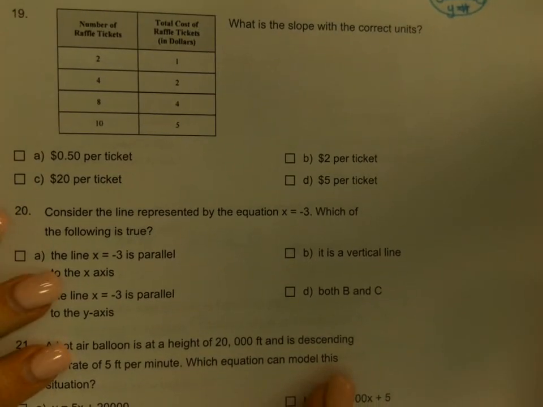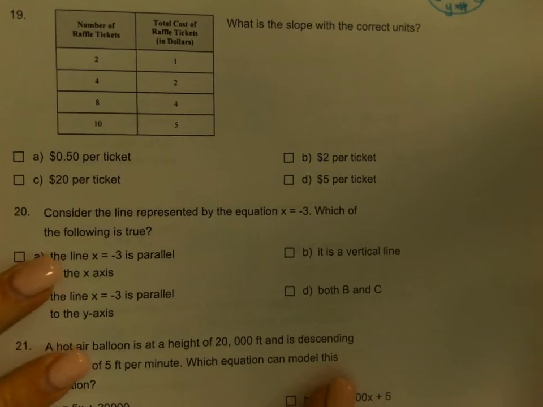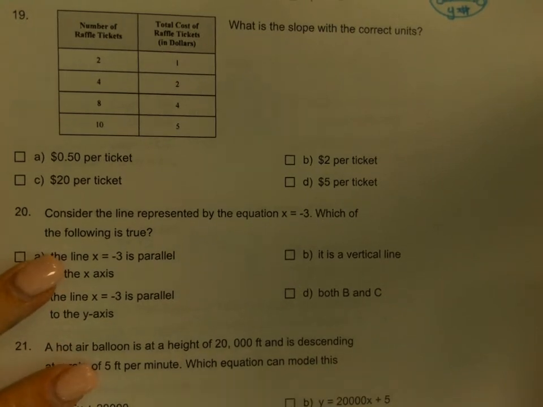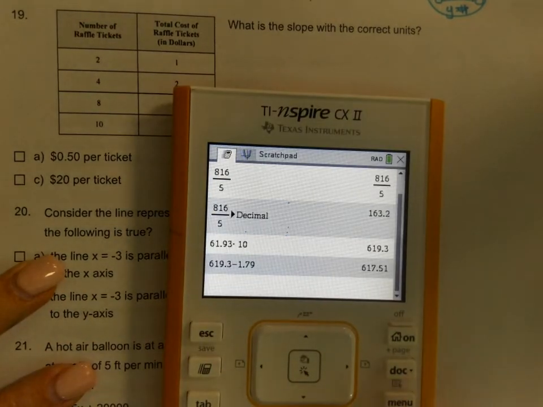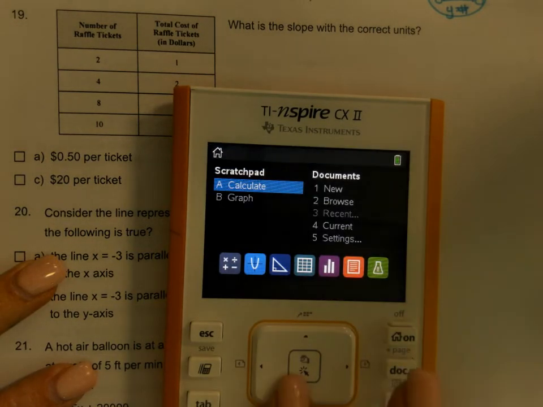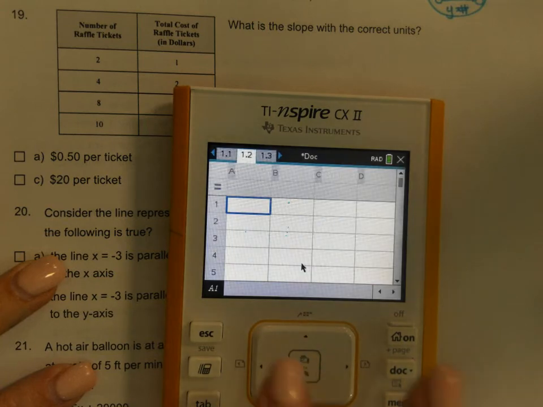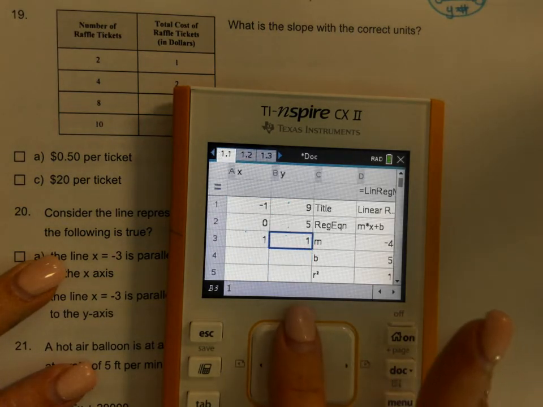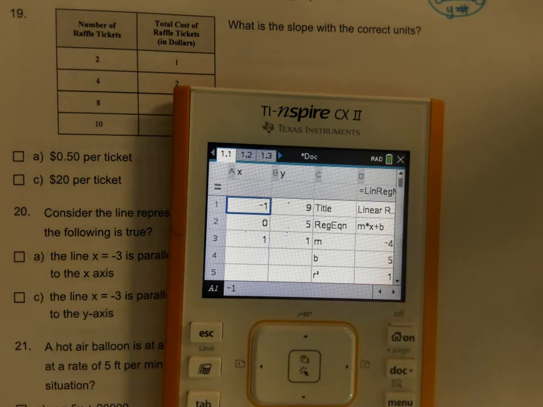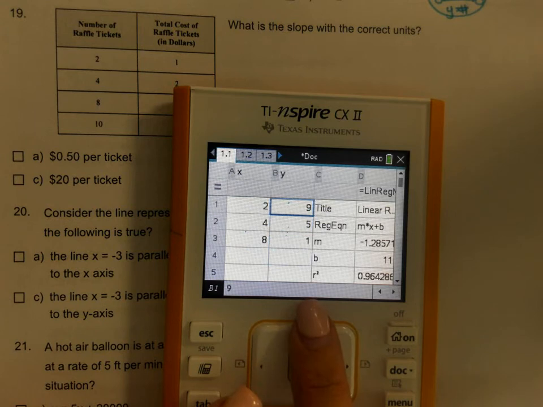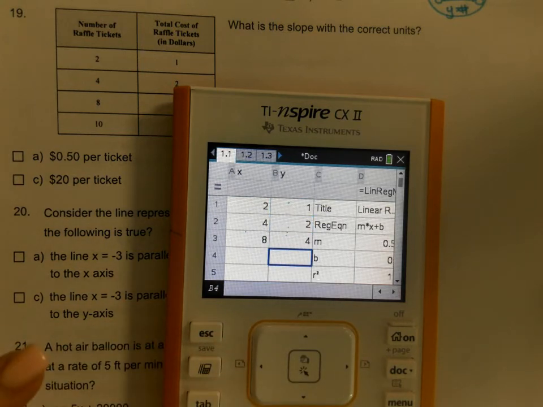What is the slope with the correct units? So really it's asking us to find slope. So we could put this in stat. So we go to menu, home, go to our table. I'm just going to go back to that first document because it already had it all typed in for us. So we've got 2, 4, 8, and 1, 2, 4.